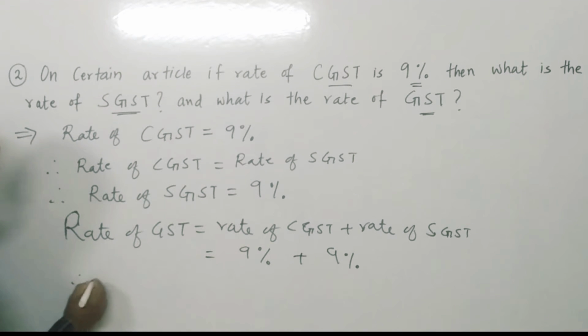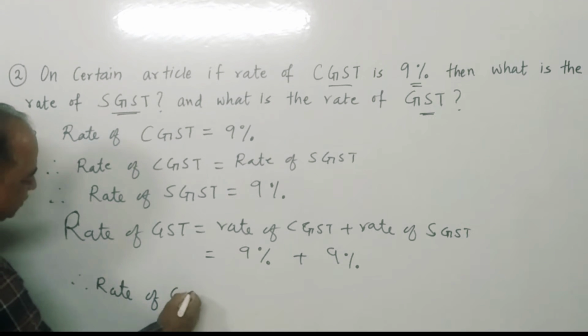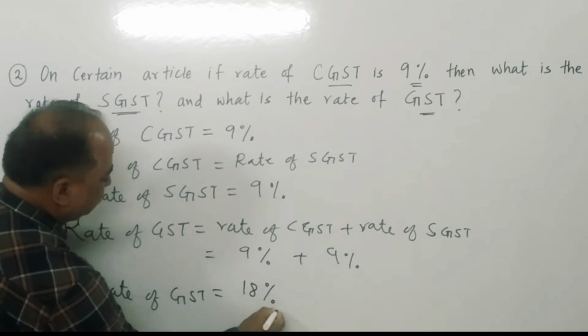So total, therefore, rate of GST, Goods and Service Tax, is equal to 9 plus 9, that is 18%.